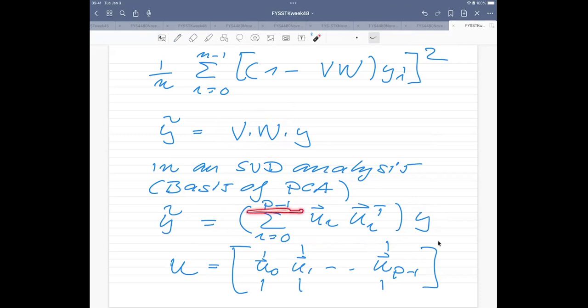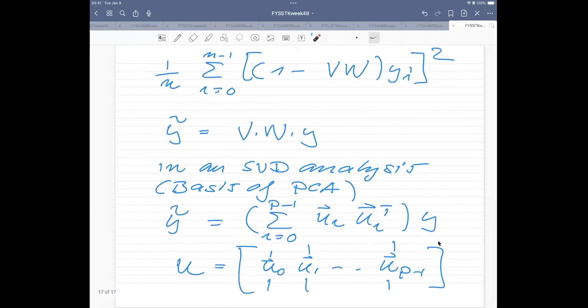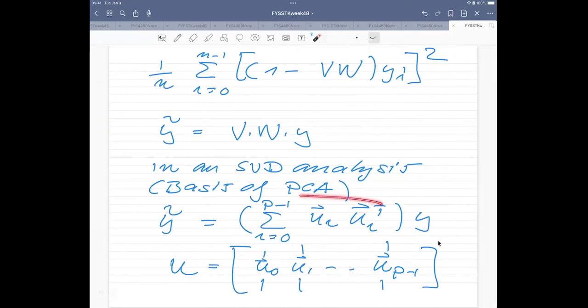Now, if we truncate in P here, and we keep those eigenvectors, or actually those eigenstates, which are the variances, which are the largest ones, we could make a truncation here, as we did here, up to a given value. If we truncate this sum, then we are doing a dimensionality reduction.